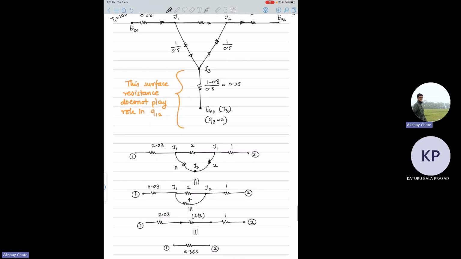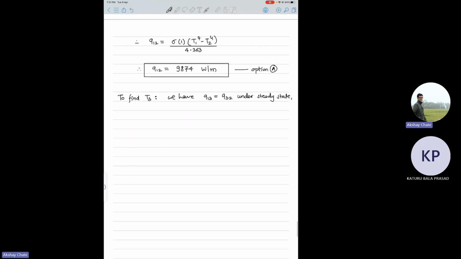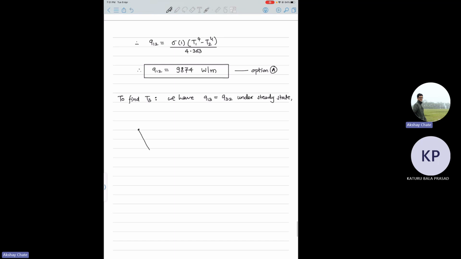So consider this. So consider your J3. So there is J1, J2, J3, and this is your EB3, right?